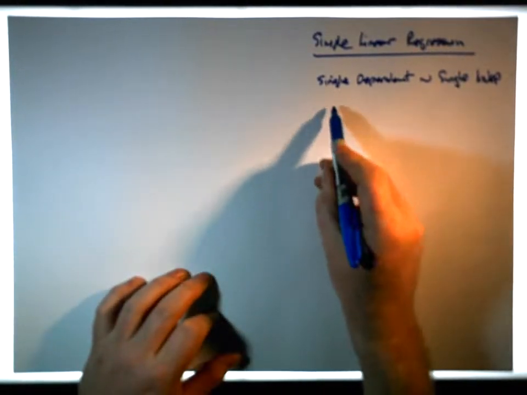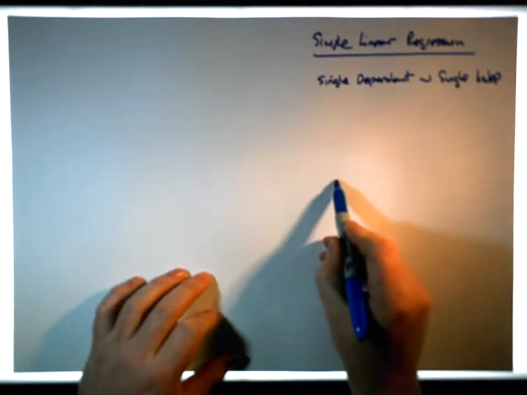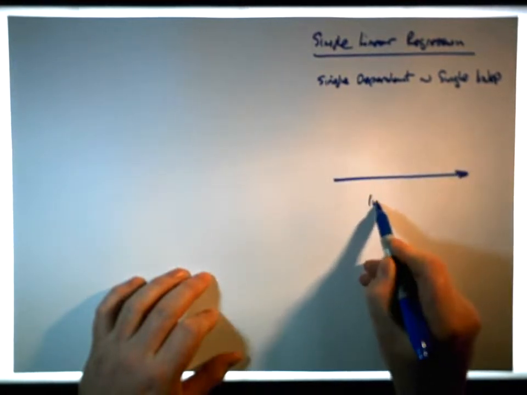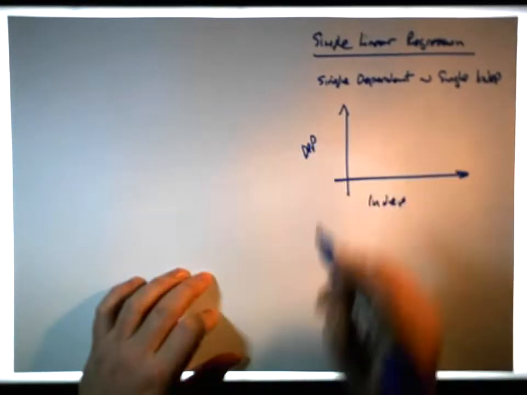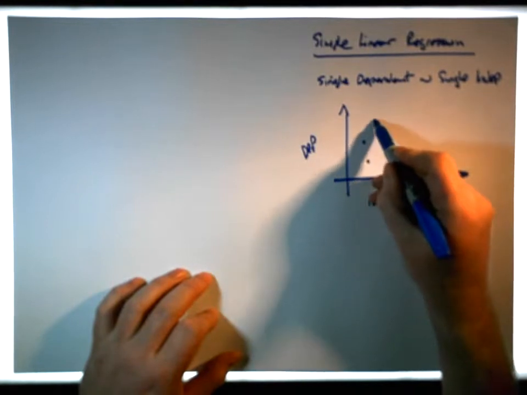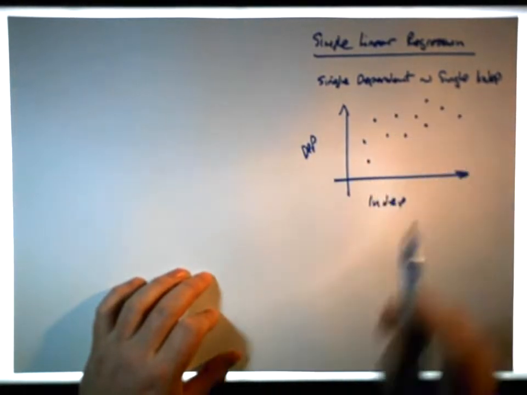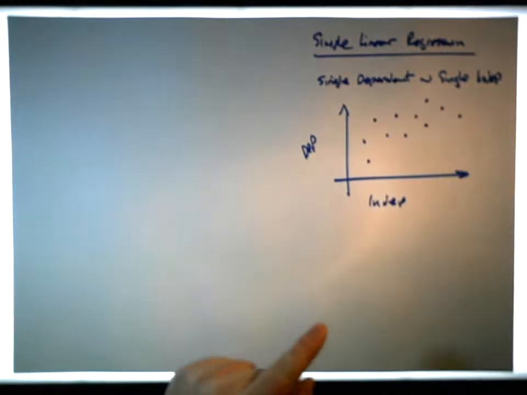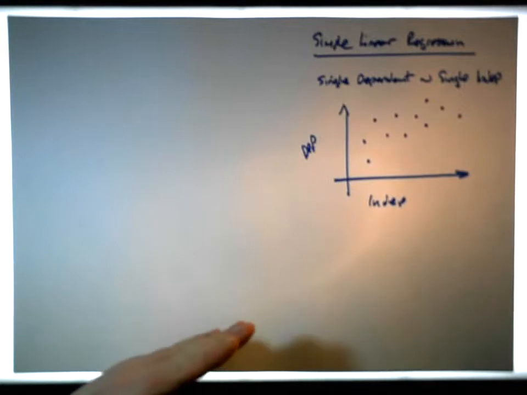So we're looking at the relationship between the independent variable and the dependent variable. We have our independent variable along here and our dependent variable along here. Inside the population itself, we had real observations, and within the population we could construct a line of best fit.